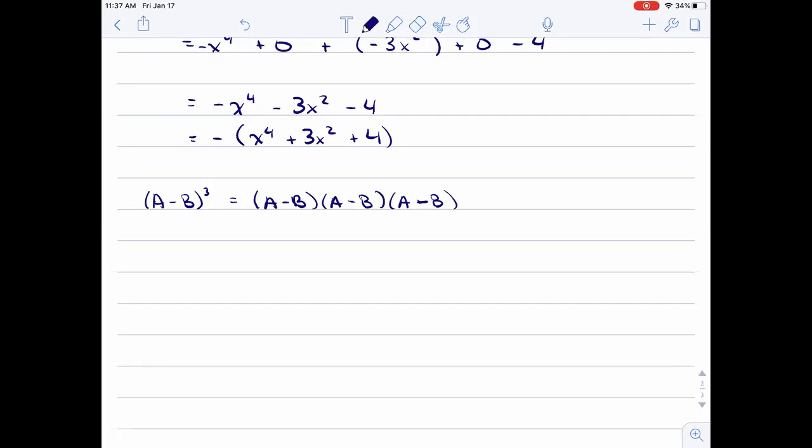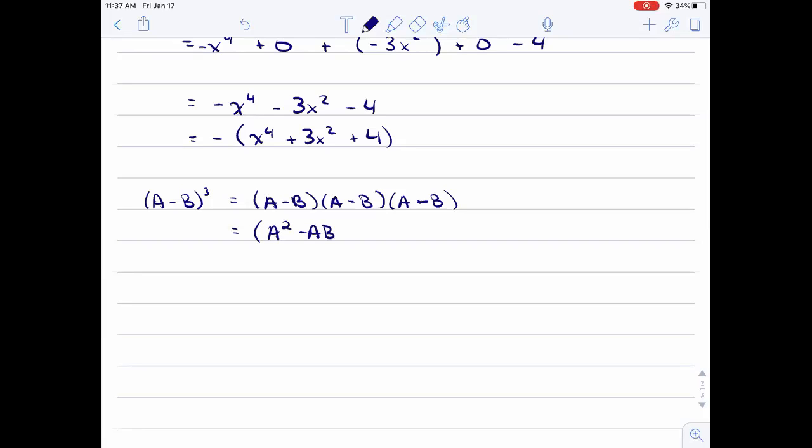It doesn't matter which order you do it, but what I do is I expand these guys. So I expand these ones, I just focus on these two. And then when I have a simplified term here, then I take that times a minus b, right? And so what I would end up having is something like a squared, a times negative b makes negative ab.